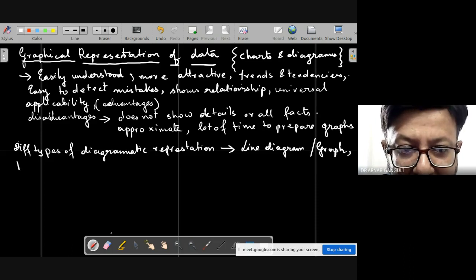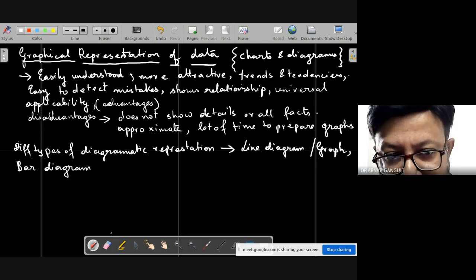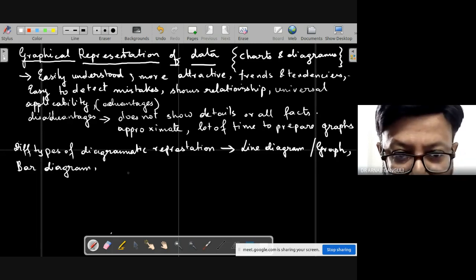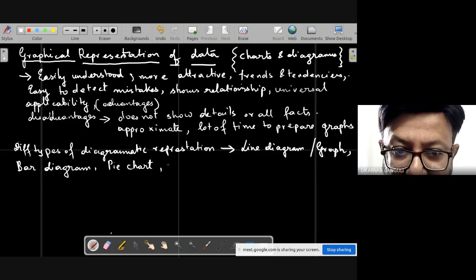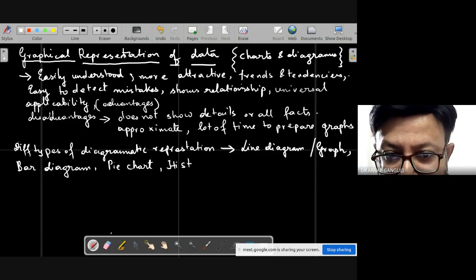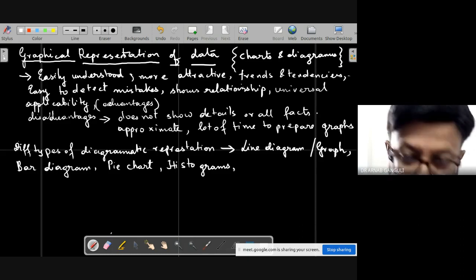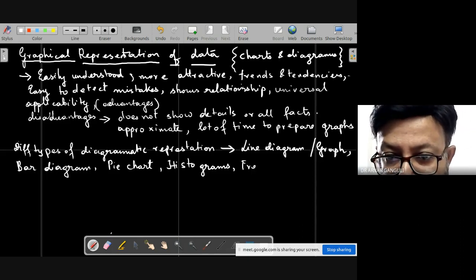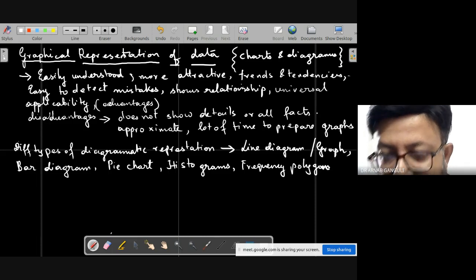Then you have bar diagram, then pie chart, histograms, and frequency polygon.